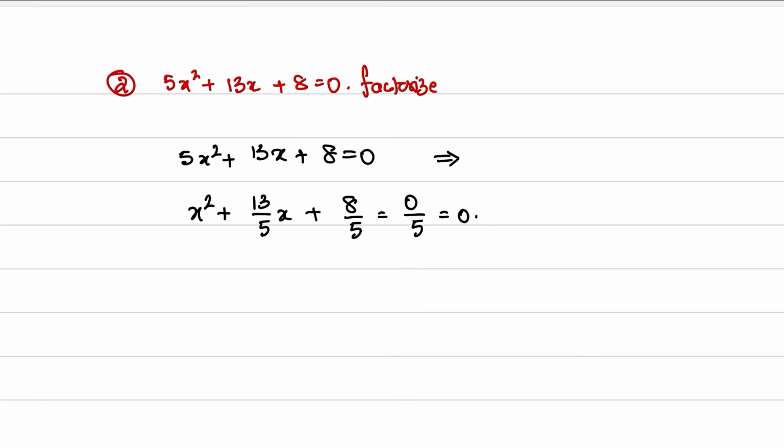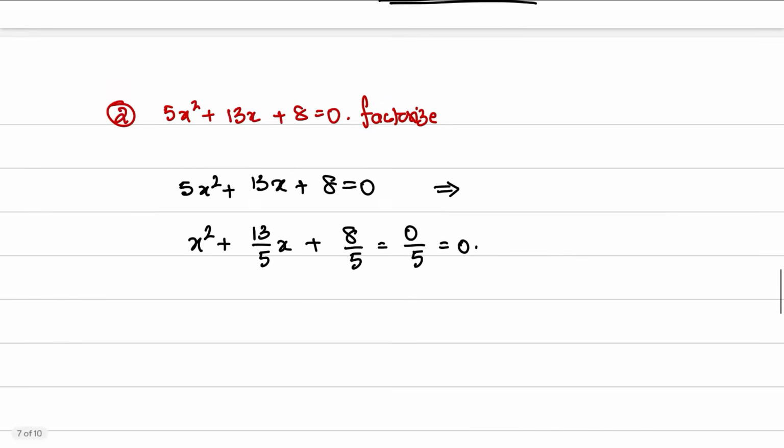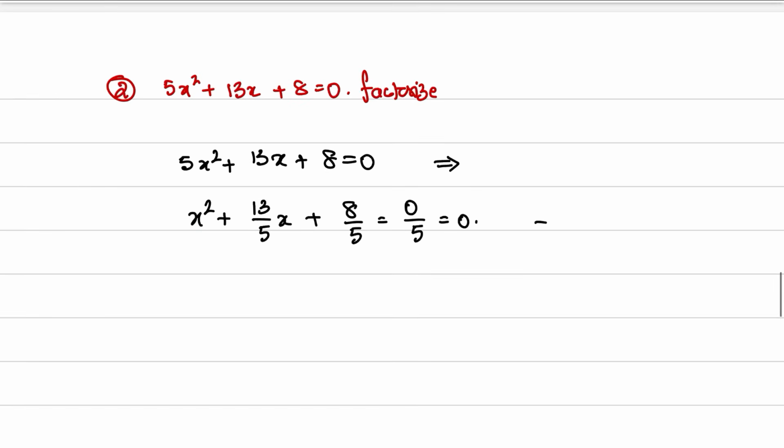Can we write like this? I am taking a quadratic equation, I am factorizing it. I am making that quadratic equation equal to 0. Now we are trying to solve it.